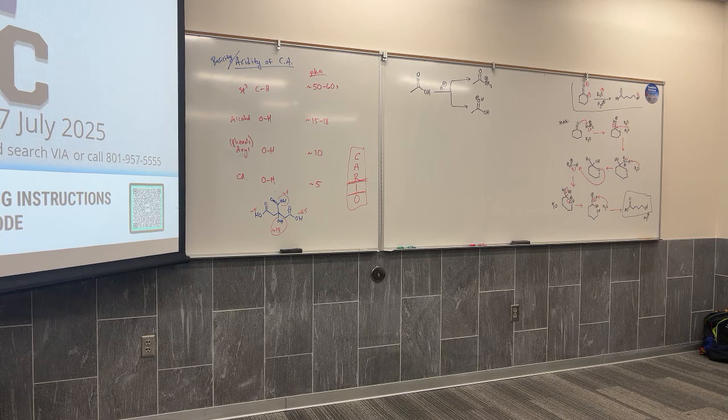We can't blame it on induction. Both of the oxygens are equal proximity to other oxygen atoms. And we can't really blame it on orbitals. We can predict that they're both sp2 hybridized oxygens. So we really need to look at resonance to see if there's an explanation for which of these should become protonated first.